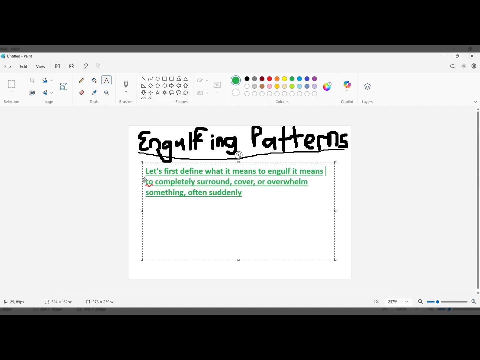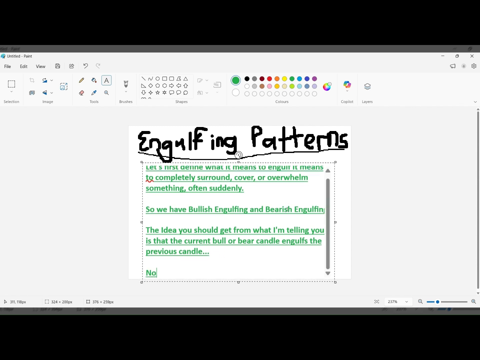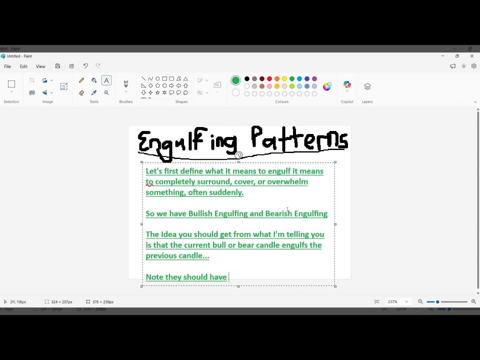So we have bullish engulfing and bearish engulfing. The idea is that the current bullish or bearish candlestick engulfs the previous candlestick, making it an engulfing pattern. Note that they should have different directions: one going up and the other going in the opposite direction.